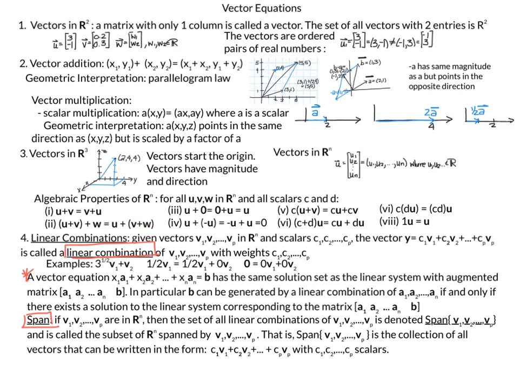There's a zero vector. There are additive inverses. There's this distributive property of c times the addition of two vectors. There's this distributive property when we have c plus d times a vector. And we have this where we have multiple scalars multiplied by the vector. And then we also have the scalar 1 times u is equal to u.